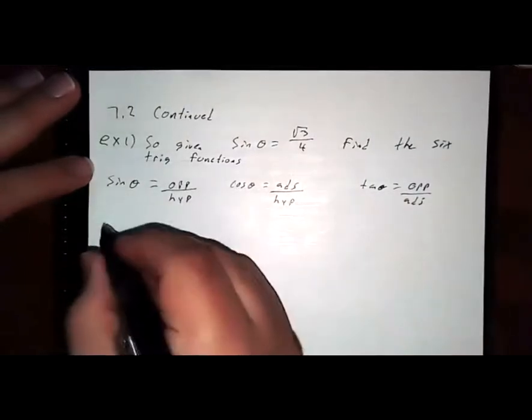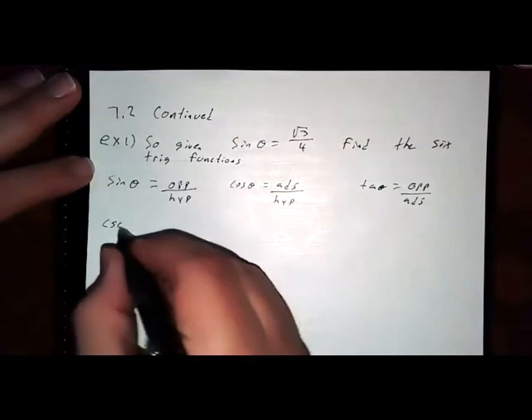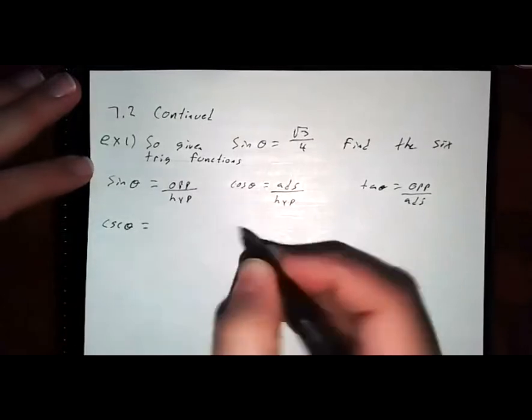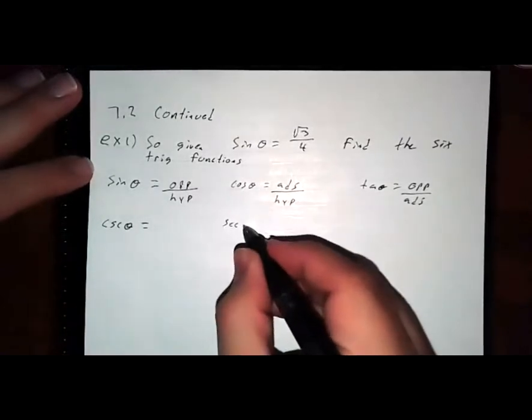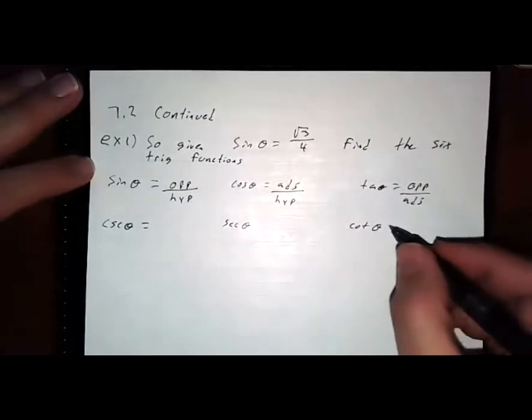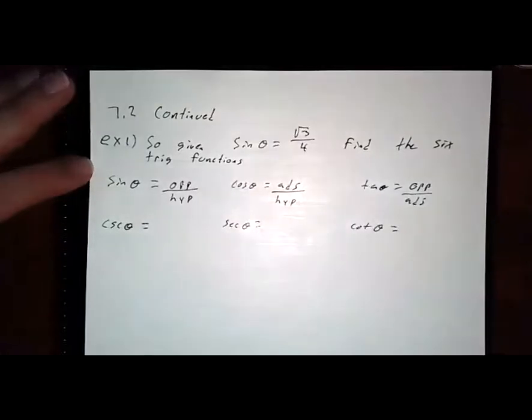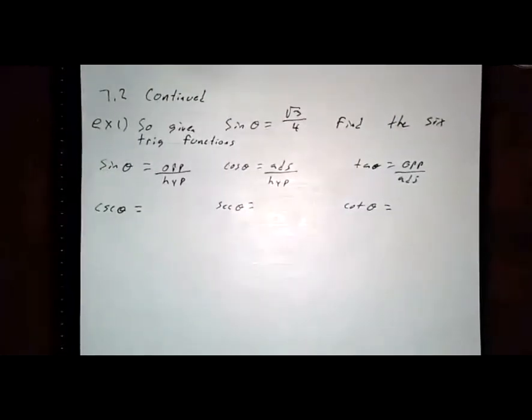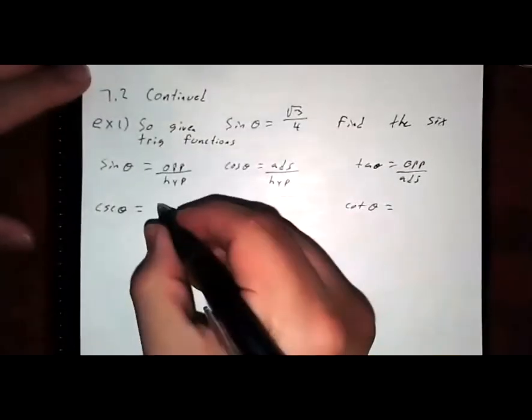What is cosecant? And secant and cotangent. Cosecant is hypotenuse over opposite.